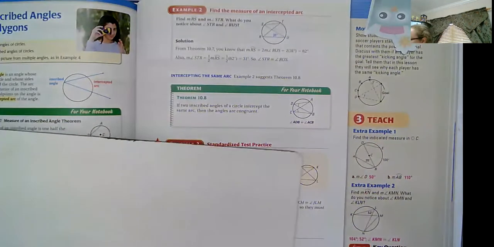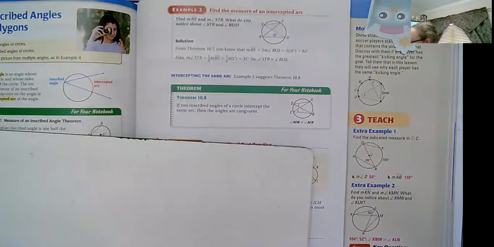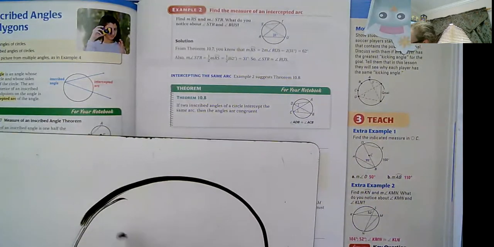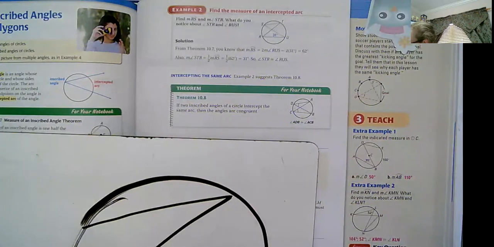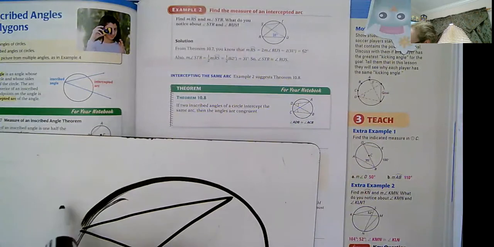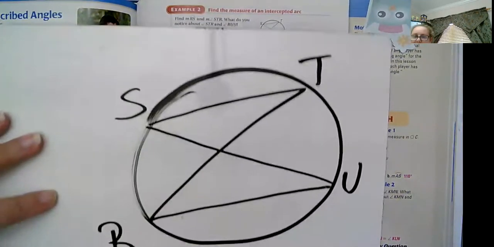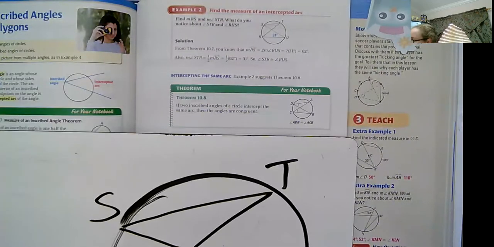So for example 2, it gives us this circle, which I'm going to draw with these inscribed angles inside. T, R, U. Drew my circle there.